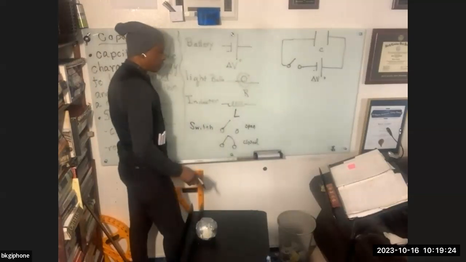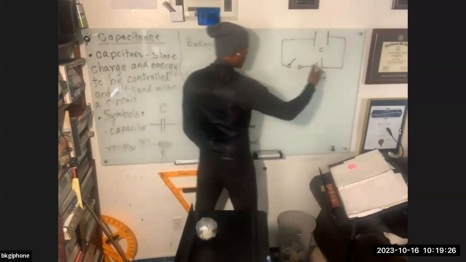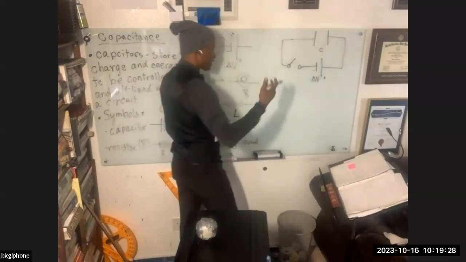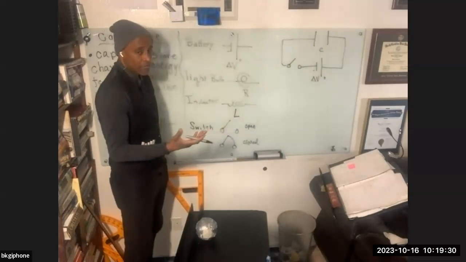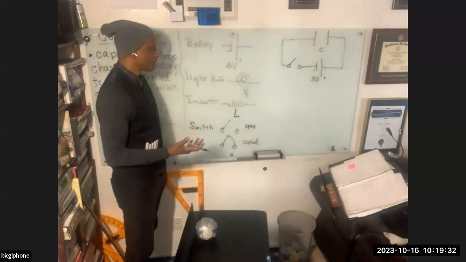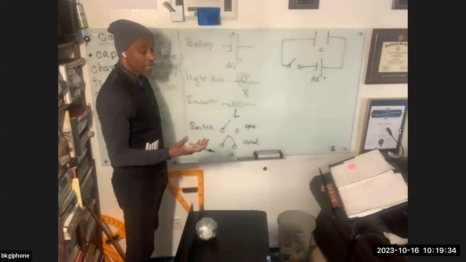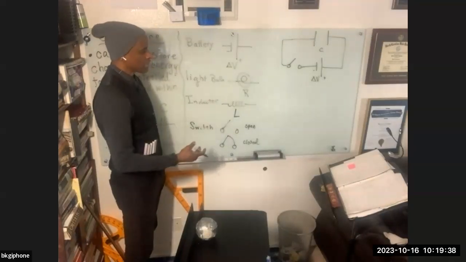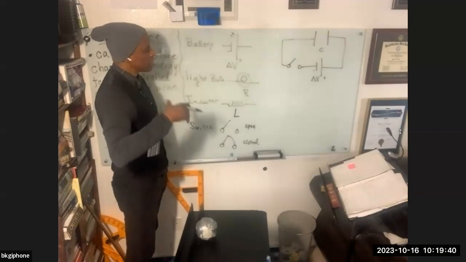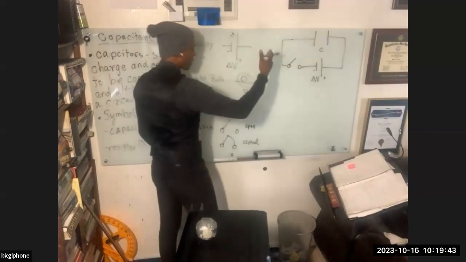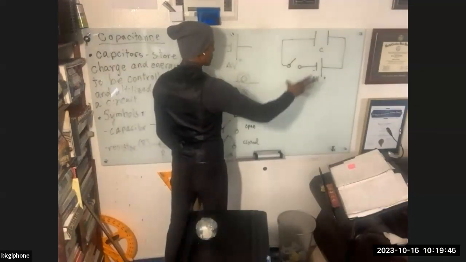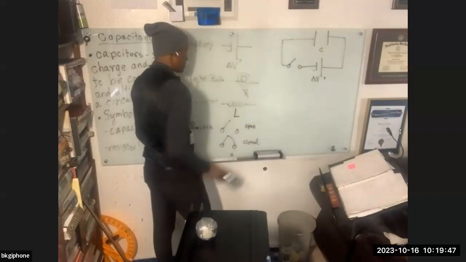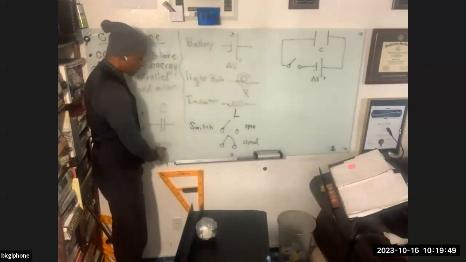Basically the wire itself, the one single wire that's connecting, has an inherent resistance, but when we place a resistor in, we assume that the resistance of the resistor is much larger than the resistance of the wire of the circuit. So then the resistance of the overall circuit just becomes the resistance of the component resistor that we place in.